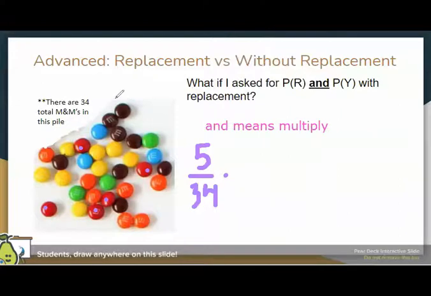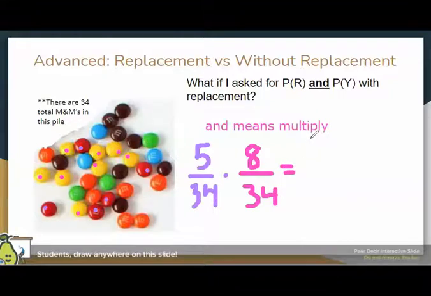So I'm going to change colors. We'll go with pink. And there's 1, 2, 3, 4, 5, 6, 7, 8 yellow out of 34. And so we're just going to multiply these.